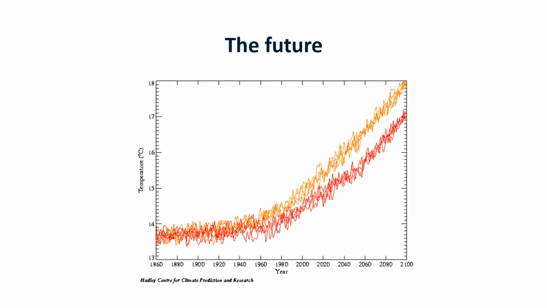This is from the Hadley Center for Climate Prediction and Research, famed for one of the better predictors of how things are going. You can see the orange line is if we carried on just the way we're going for many years, and the red line is if we all reach our carbon neutral targets and all stop burning huge amounts of fossil fuels. And unfortunately, that's never going to happen.